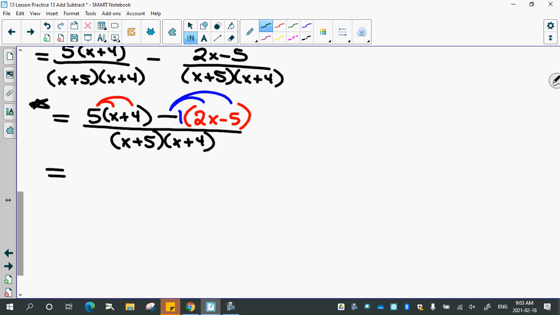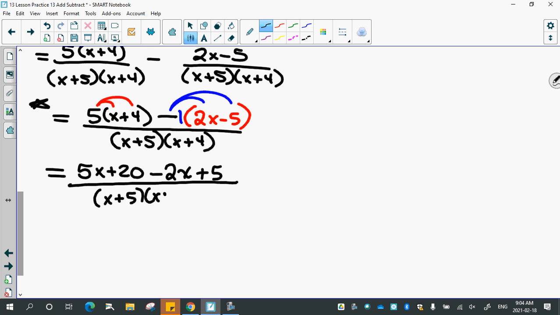So if I expand the first part, I get 5x plus 20. And then the second part, I get minus 2x. And then negative 1 times negative 5 is positive 5. Okay? So over x plus 5 times x plus 4.